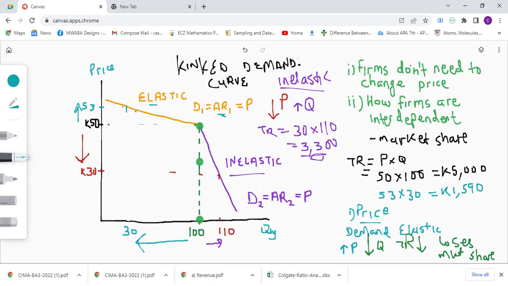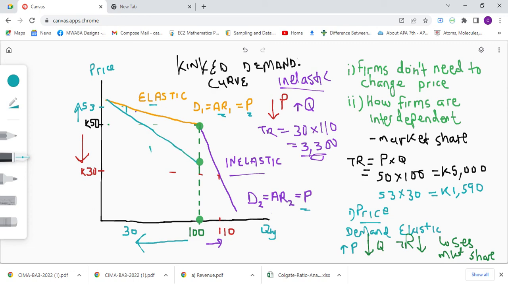So you see we've got two demand curves here, two average revenue curves here, but our price still stays the same because we are not going to change the price. So as average revenue is sloping down, marginal revenue will slope twice as steep as the average revenue, right here.